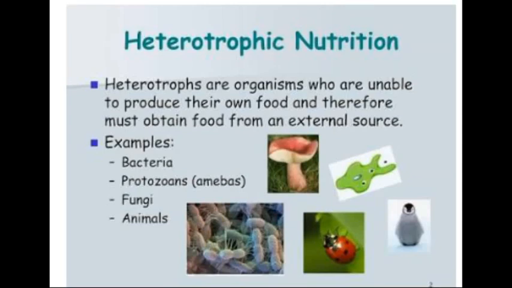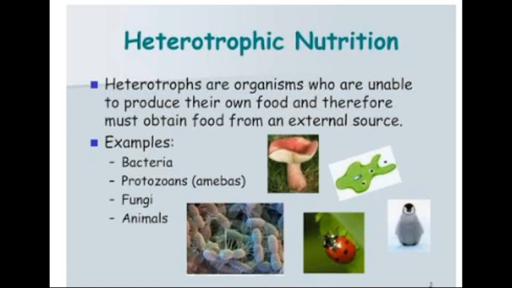We can define heterotrophic nutrition and heterotrophs now. Heterotrophic nutrition is the mode of nutrition in which organisms are unable to produce their own food. And heterotrophs means the animals which are not able to produce their own food.